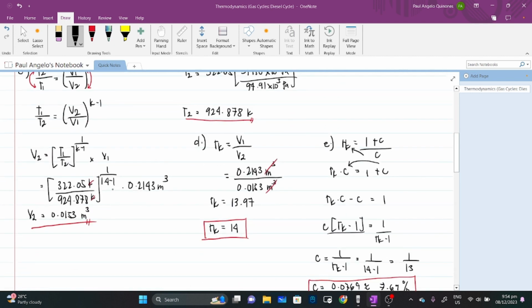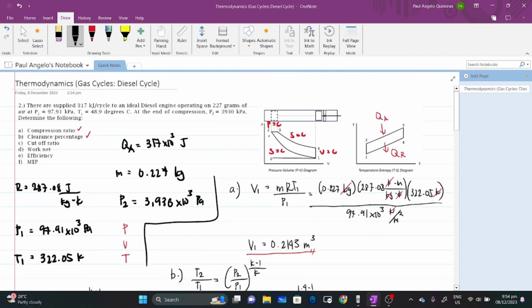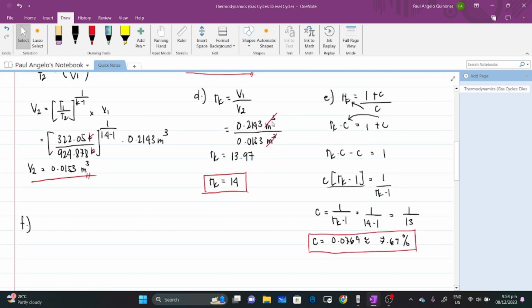Next, since we are done already with point 1 and point 2, we can now proceed to point 3. So that is letter F. Here we will relate point 2 with point 3. Their relationship is an isobaric process. So the first thing that we can conclude there is that P2 is equal to P3.